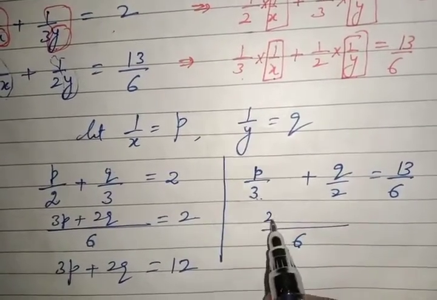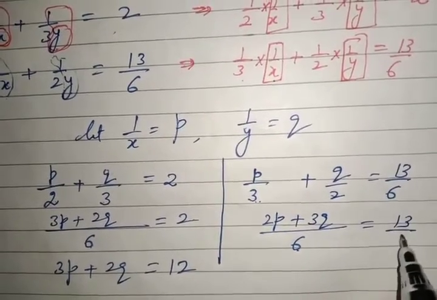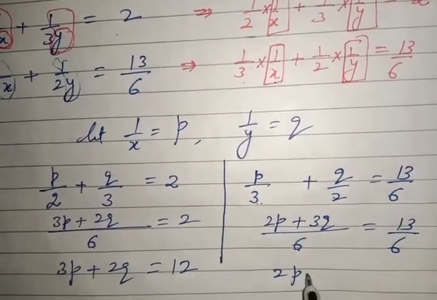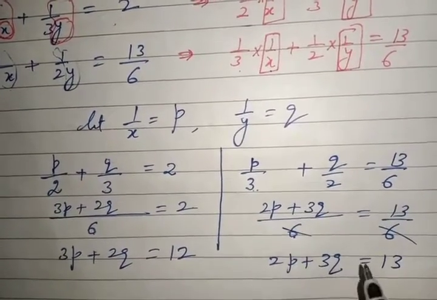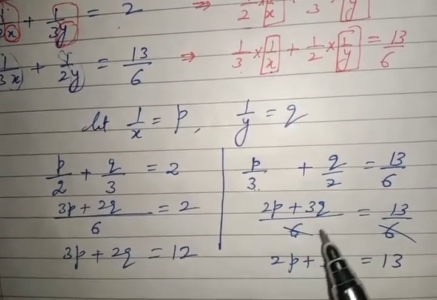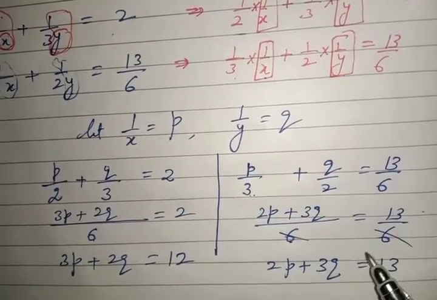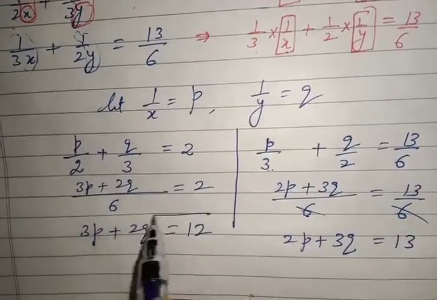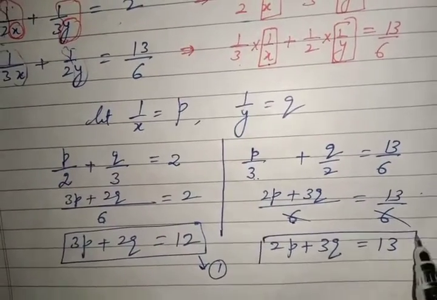This 2 will go this side, 2p plus 3q is equals to 13 upon 6. So this equation will become 2p plus 3q is equals to 13. We can cancel this 6 with 6. Or we can shift this 6, it will go in the numerator and 6 can get cancelled. So this is our first equation and this is our second equation.